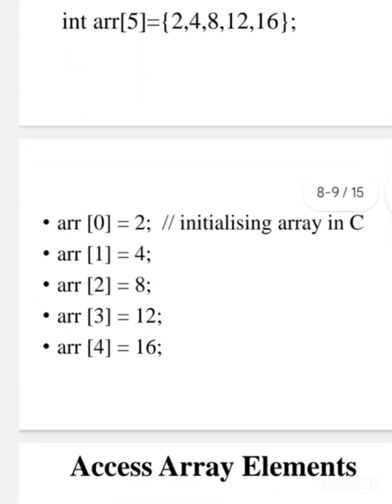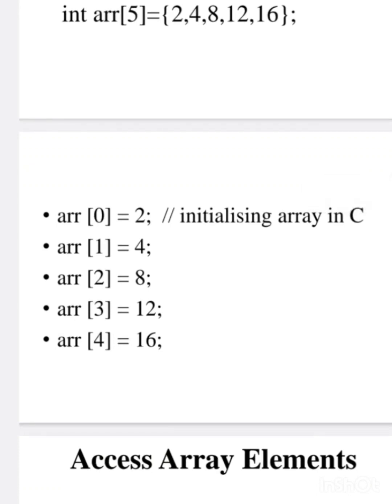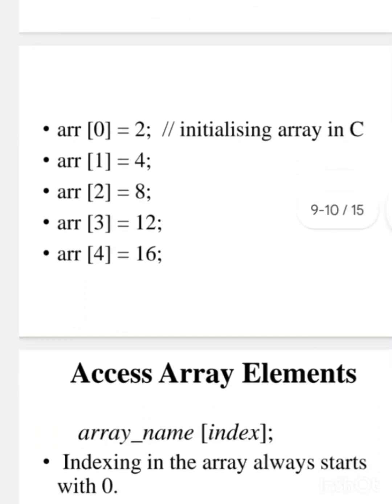Consider this example: we are going to store 5 integer values inside an array. So I declared int ARR[5]. That 5 means I am going to hold 5 integer values inside the curly braces. So the array will hold 5 values.